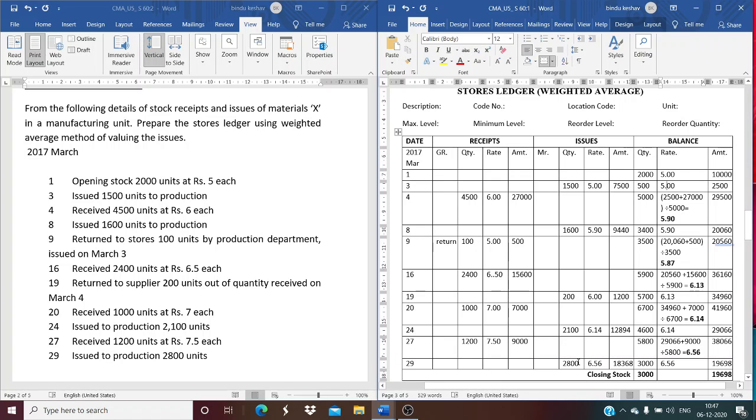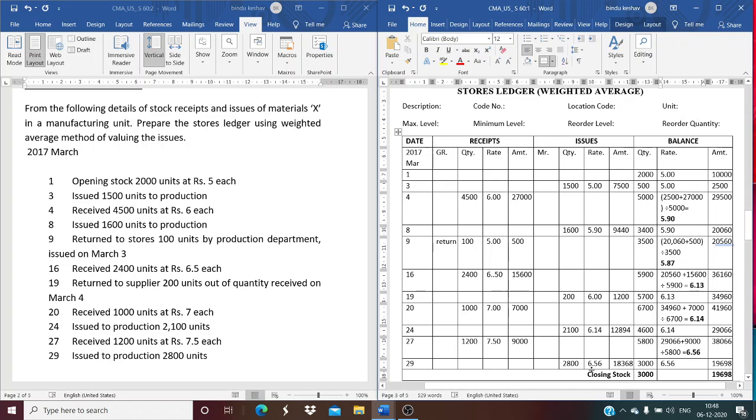And on 29th there is issue to production 2,800 units. So the 2,800 units are to be issued at the weighted average price of 6.56. So 2,800, 6.56, 18,368, and the balance will be 5,800 minus 2,800, it is 3,000, and the weighted average price is 6.56, and the value will be 38,066 minus 18,368, 19,698.